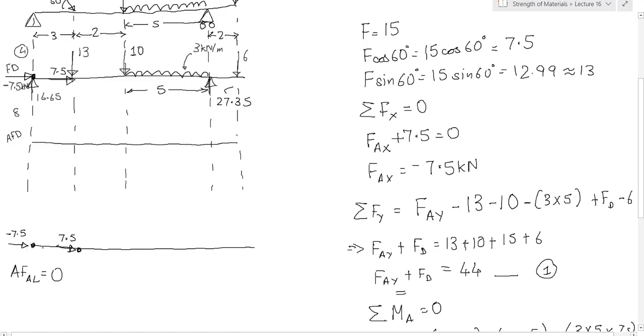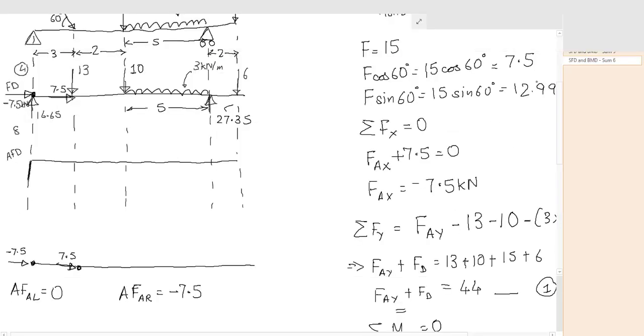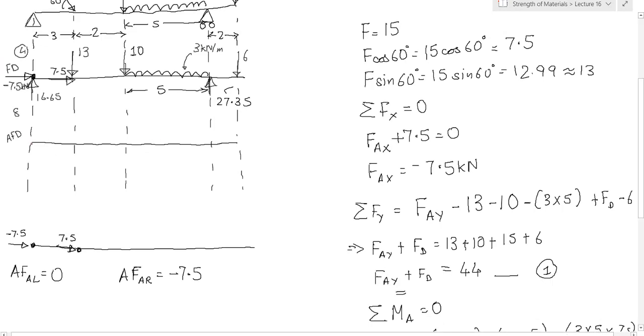Then to the right of A, what are we getting? Minus 7.5, so this will be minus 7.5 like this. I will draw it with a red pen so that it is clear to you. So minus 7.5, let us say this is 7.5.